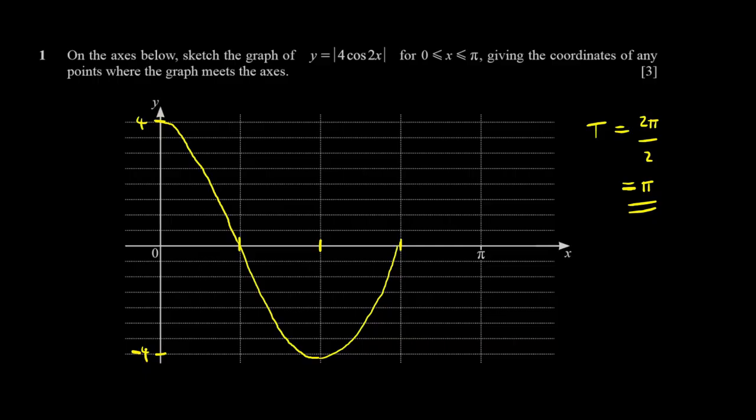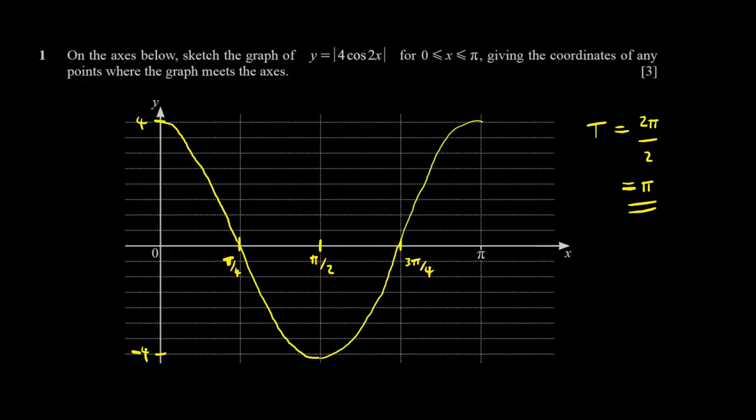Okay, and then from the center line all the way back up to the peak. Okay, now then, these coordinates here will be pi by 4, pi by 2, and 3 pi by 4, because these are quarters of pi, right? 1 quarter, 2 quarters, 3 quarters.